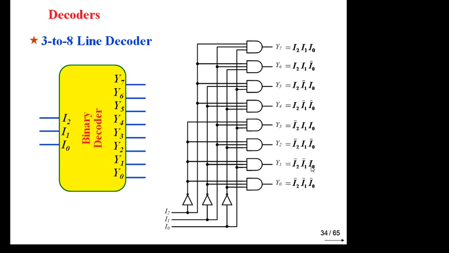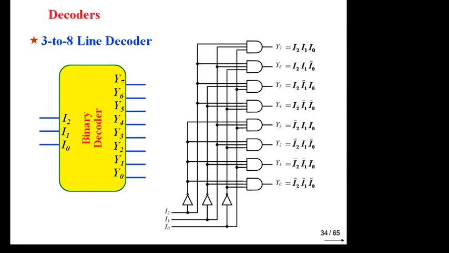This will be high, others will be 0. Suppose all are 1 1 1, then I2 I1 and I0 will be high. These are 3 inputs I2 I1 I0 and 8 outputs y0 to y7. So you have to remember, a decoder gives only product terms.